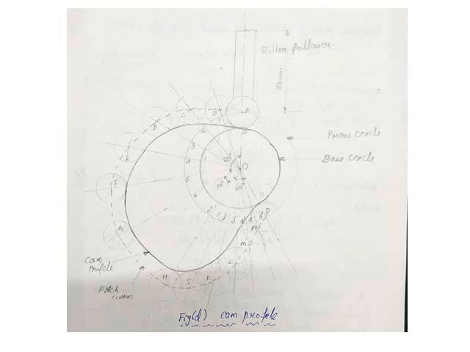Repeating again, for the knife edge and the flat face follower, the prime circle and the base circle are identical, because the knife edge as well as the flat face follower will be in direct contact with the base circle exactly. So the prime circle and base circle are identical, but not in the case of a roller follower.